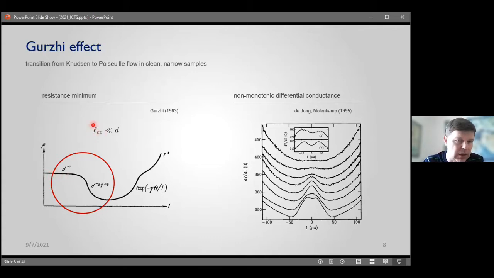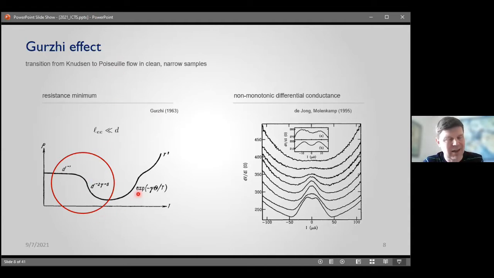But then this interaction length scale kicks in, the viscous behavior is formed, and the resistance goes down, because the viscous fluid, as I showed before, is more effective in transporting carriers, or charge, than a ballistic system. And then, of course, eventually phonons take over and the resistance grows. And so there is this profound minimum predicted by Gurzhi that is supposed to be the hallmark of this viscous flow in electronic systems.